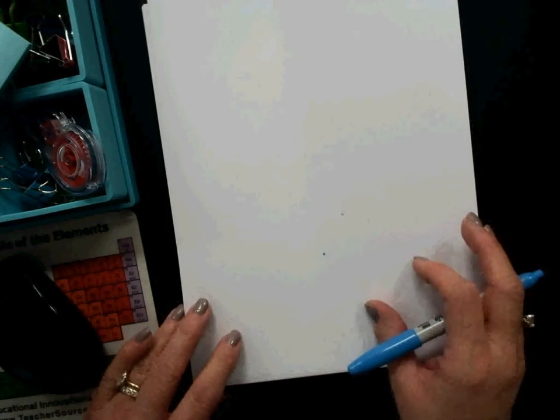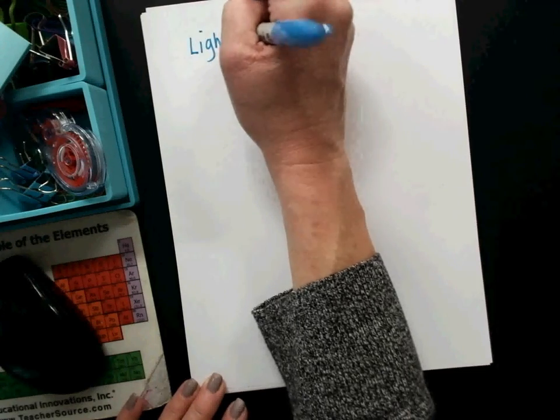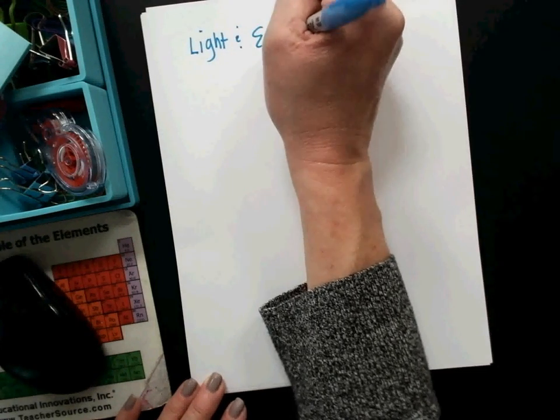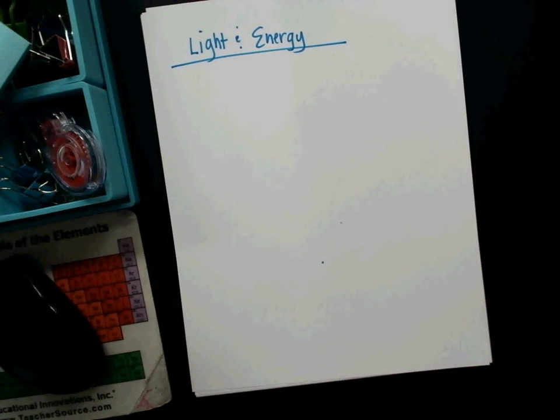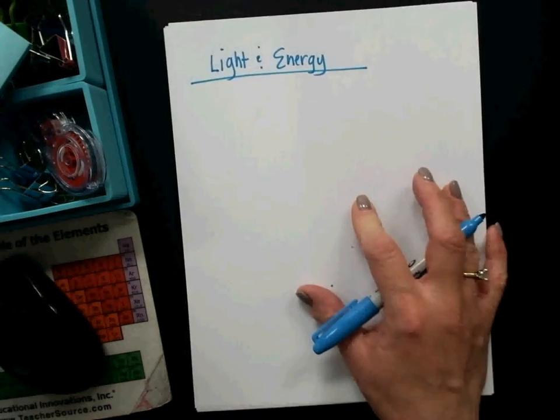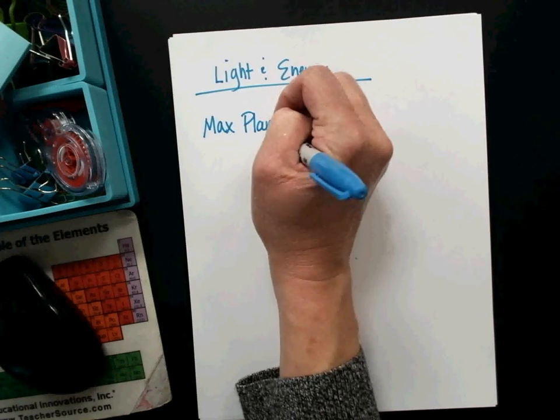Yeah. All right. Now, one last thing for this unit that I'm going to show you. And this has to do with light and energy. All right. So there was a guy named Max Planck.